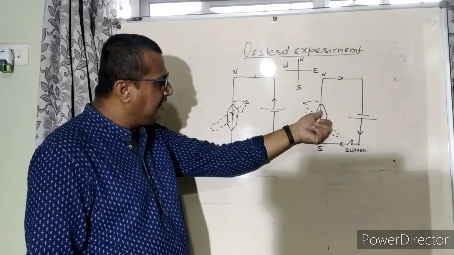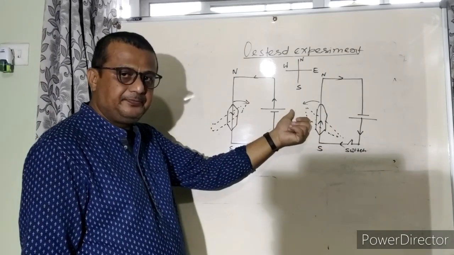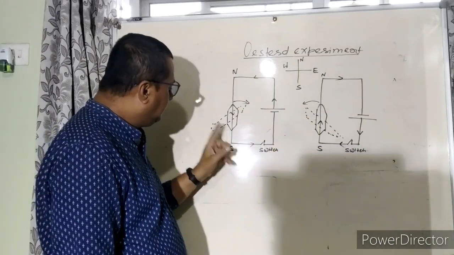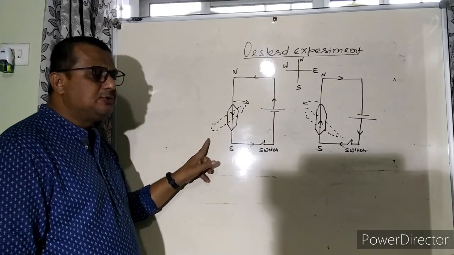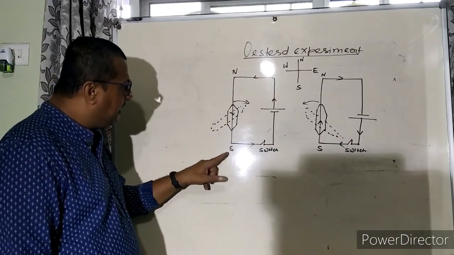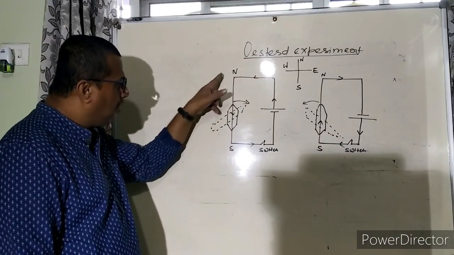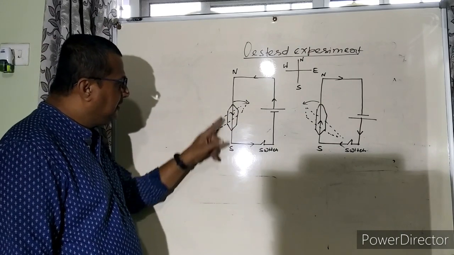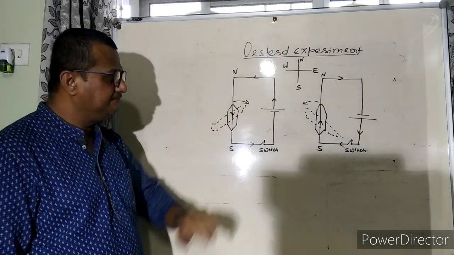Deflection of compass needle is along west. And again he demonstrated, if current is flowing north to south, deflection is along east.